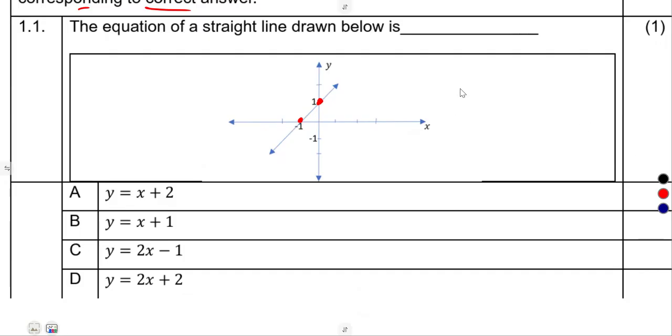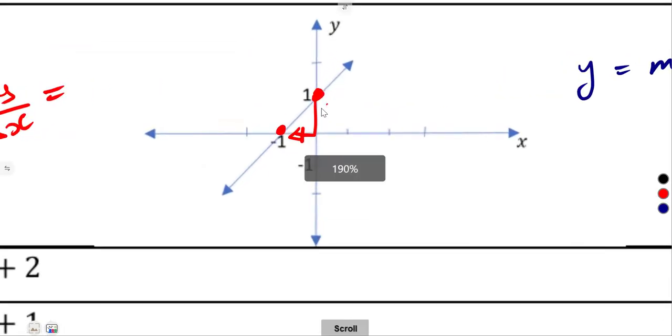All right, remember, y is equal to mx plus c for a straight line, where m is the gradient. So you can get the gradient as the change in y over the change in x. Y is going down, from 1 to the origin, that's a -1, over the change in x, going to the negative, that's a -1.